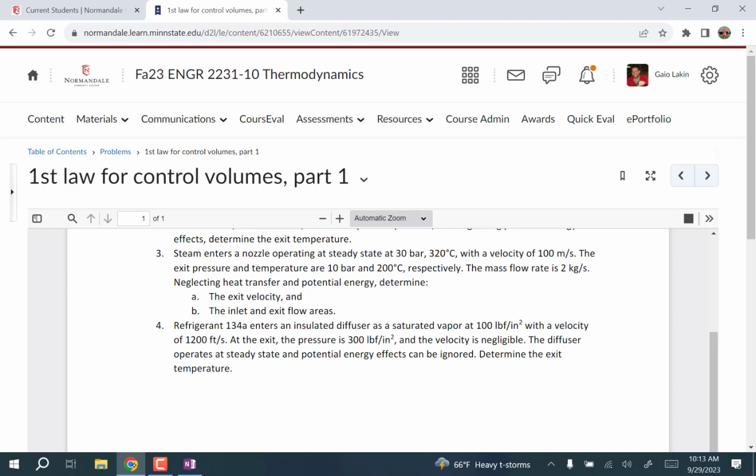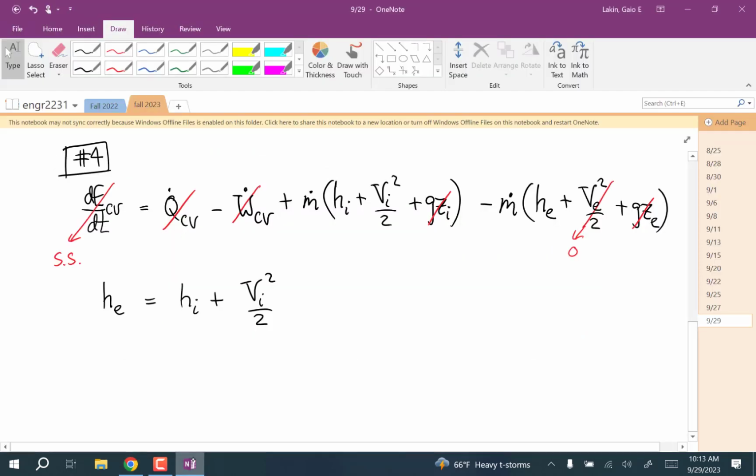It's at the inlet, we can look it up in the table, and we have the speed. So this is something we can look up in the table. This is given. That lets us calculate the enthalpy at the exit.